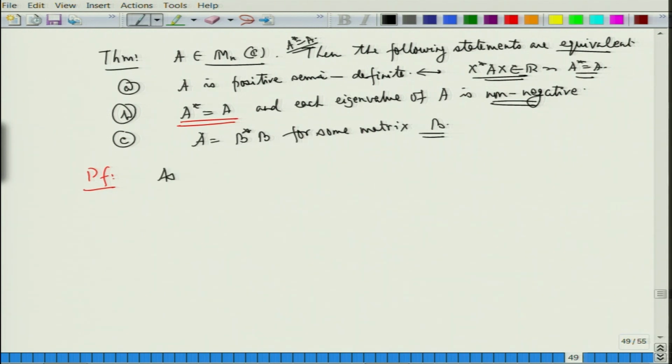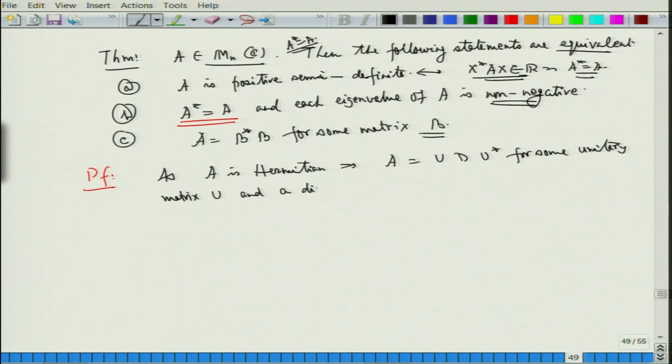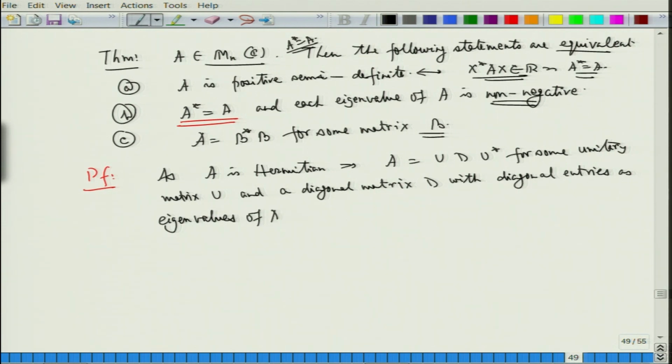So, as A is Hermitian, this implies A is equal to U D U star for some unitary matrix U and a diagonal matrix D with diagonal entries as eigenvalues of A. Is that okay?